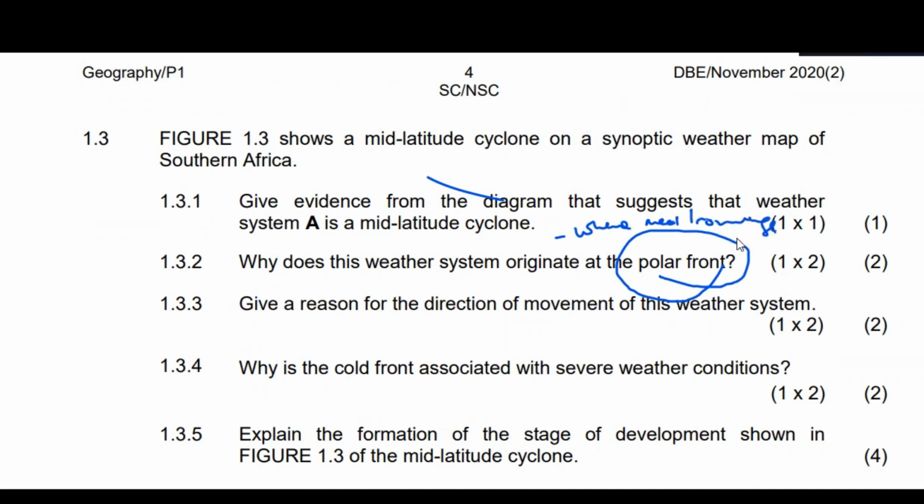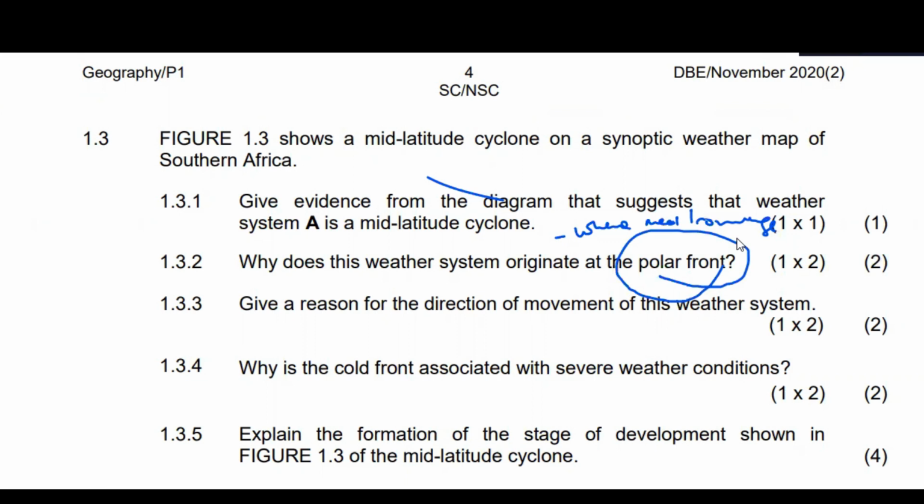So one of the reasons could be the convergence of the cold, dry air, which is the polar easterlies, and the warm, moist subtropical air, which is the westerlies. They converge at the polar front. That is why it originates from there.